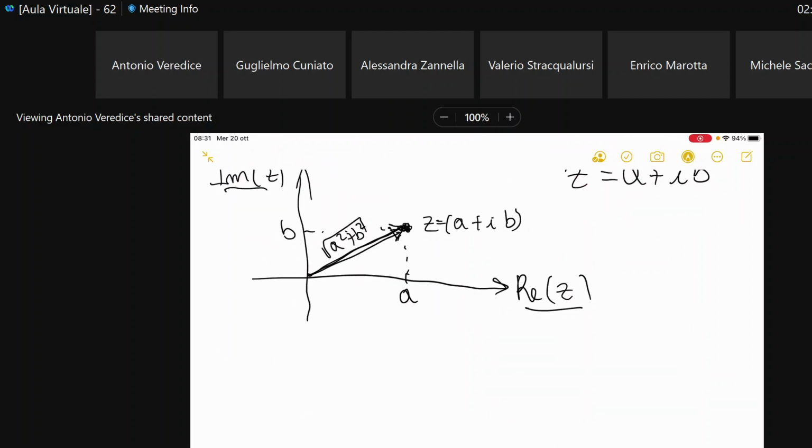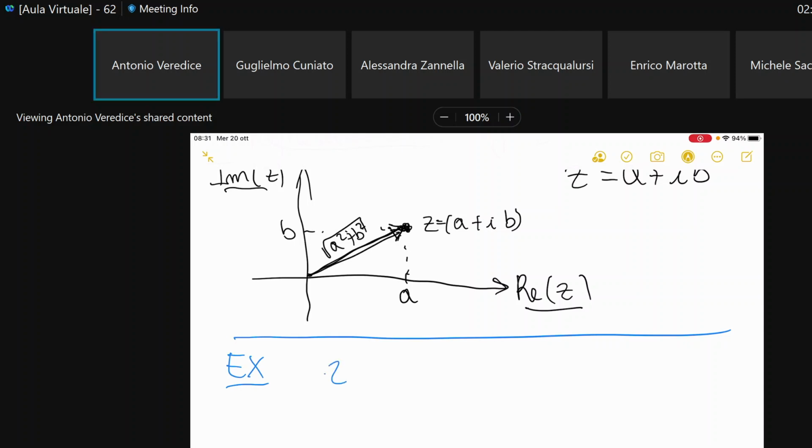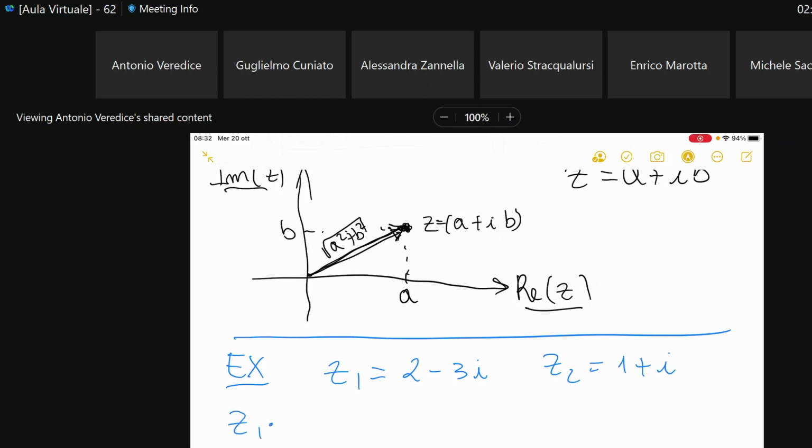Thank you. So, an example, just to be sure that everything is okay. We consider Z1 to be the number 2 minus 3i, and Z2 to be 1 plus i. And we want to compute Z1 times its conjugate and Z1 times the conjugate of Z2.